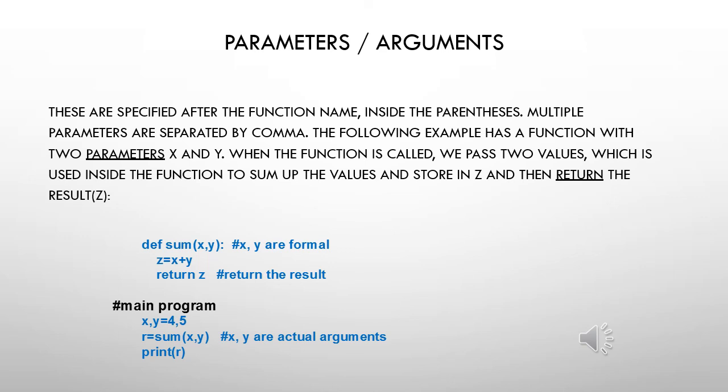In the main program, we assign the return value which we get by adding the parameters in the function to the variable called r. And finally, we print r, and we get the result as the sum of the variables x and y, which is 9. So this is how we use parameters within a function.